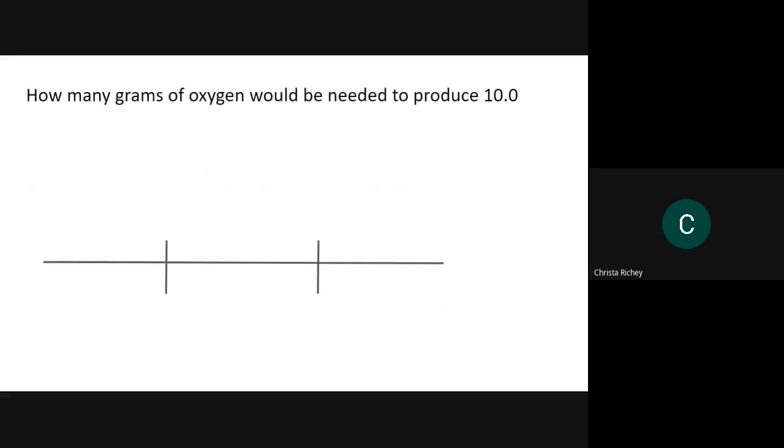Now, obviously this is not a 3-step because I already put the stoichiometry cross on here, but I'm starting with 10 moles of water. I'm trying to get from moles of water to grams of oxygen. So same equation, and I don't need grams of water.